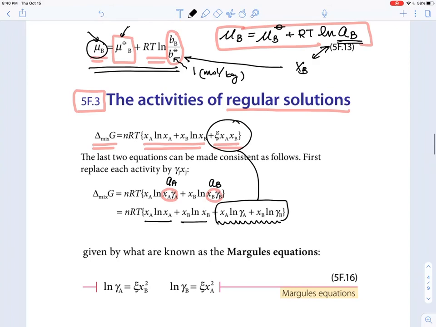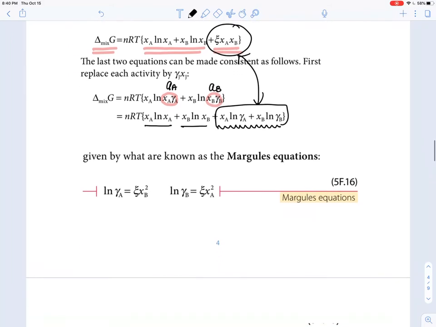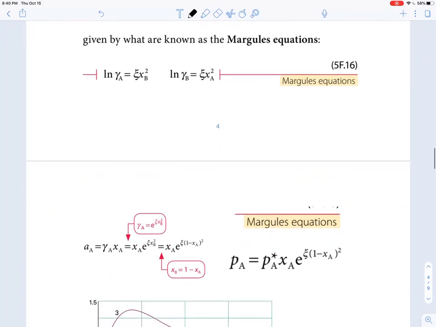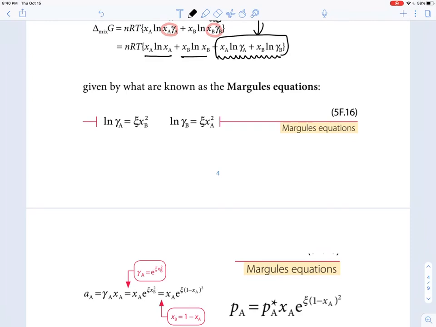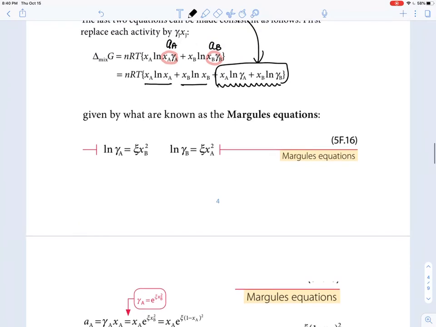Okay, so I kind of skip the math on this one and try to give you a focus on this: the activity coefficient of A is actually related to the mole fraction of B. So ln gamma A is psi times (1 minus xA) squared.